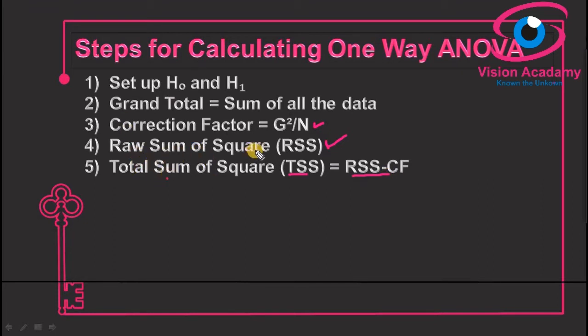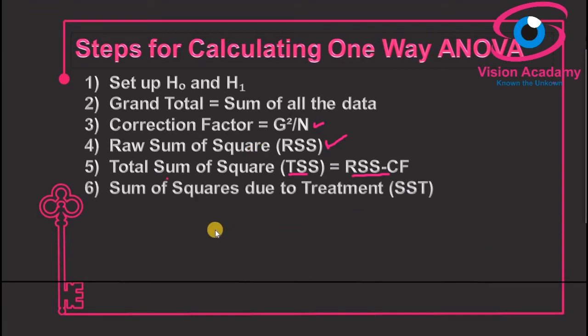After finding the total sum of squares, you need to go for one more step, that is step number 6. In step number 6, we need to find out SST. SST is the full form of sum of squares due to treatment. We have already made sums of squares in the earlier steps.